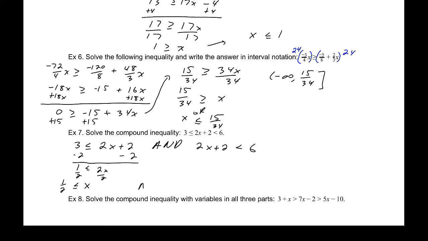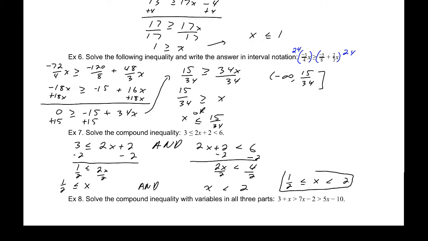And subtracting 2, if you notice we're doing the same moves here. 2x is less than 4, x is less than 2. 1/2 is less than or equal to x, and x is less than 2, which means we could write this as 1/2 is less than or equal to x is less than 2. We could write that all together in that way. Okay, now the potential shortcut here. Okay, there it is, and probably want to write that in interval notation as well.